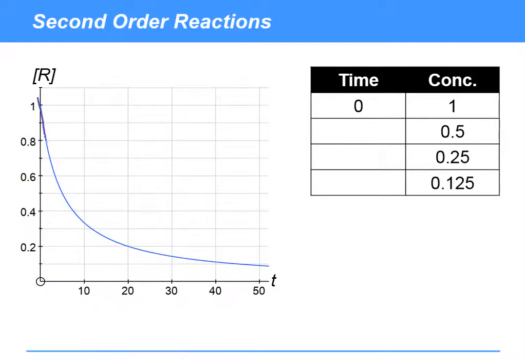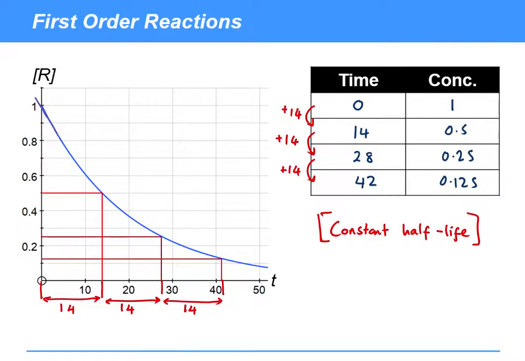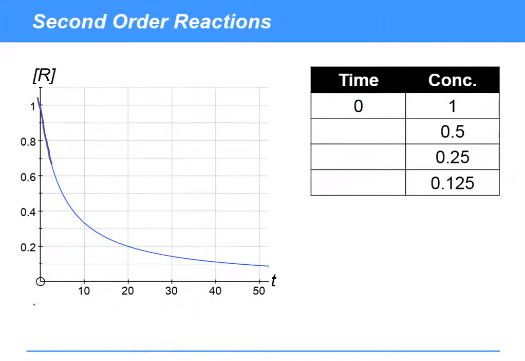So if we look at the initial rate of reaction here, that tangent right at the beginning, compare that to the first order reaction, it's much steeper for a second order reaction, and that's just because we've got here rate equals k times reactant concentration squared, and therefore when reactant concentration is very high, then the rate is going to be very fast, whereas when we get down to the bottom here, when reactant concentration is very low, then we've got a much slower reaction because it depends on the square of the concentration.